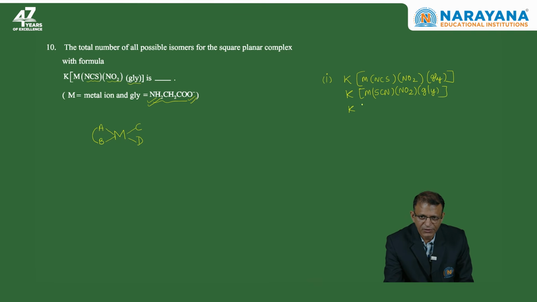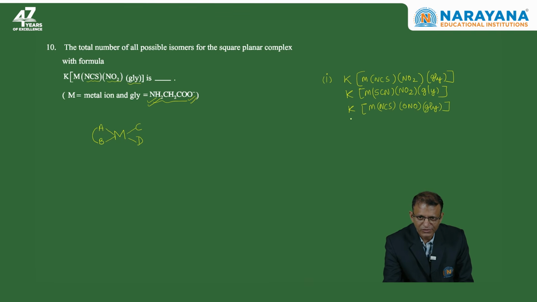Now there is another possibility. I will keep this the same. So M NCS, the first ligand which is an ambidentate ligand, I am keeping it the same, but I am changing the donor atom here as oxygen. So this is another possibility. This is a bidentate ligand, keeping it at the cis position, right?